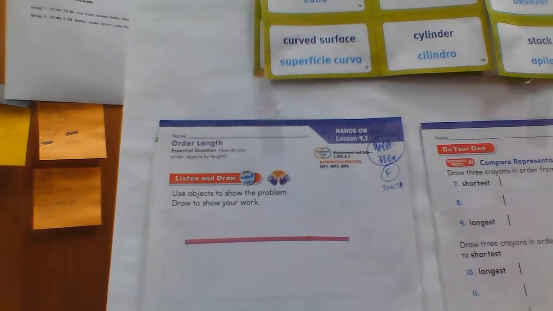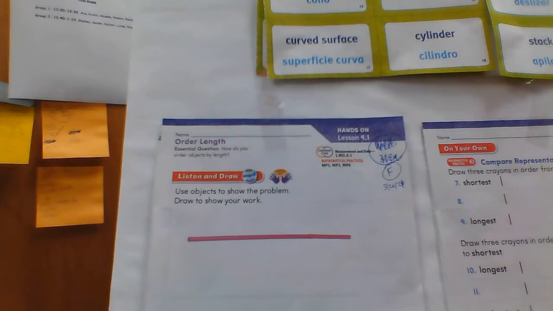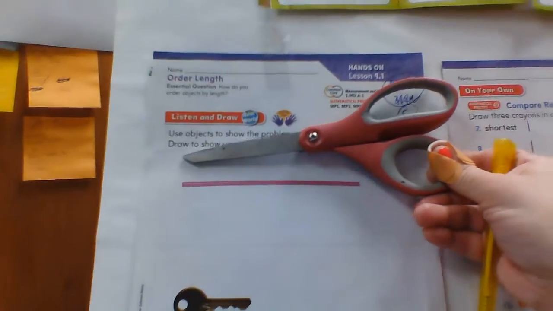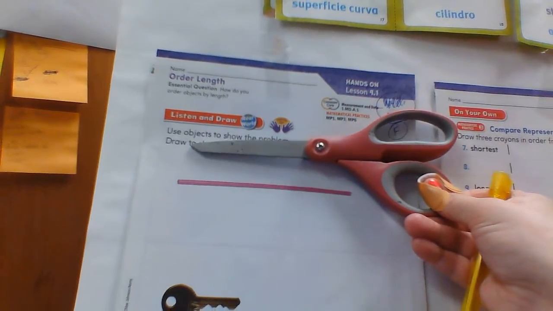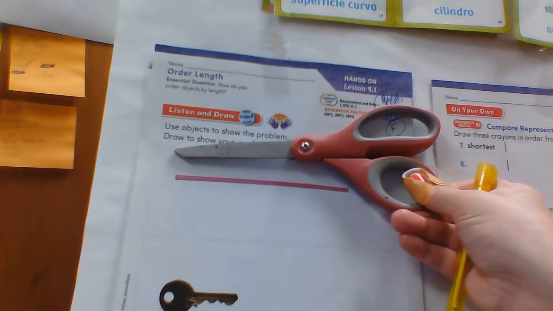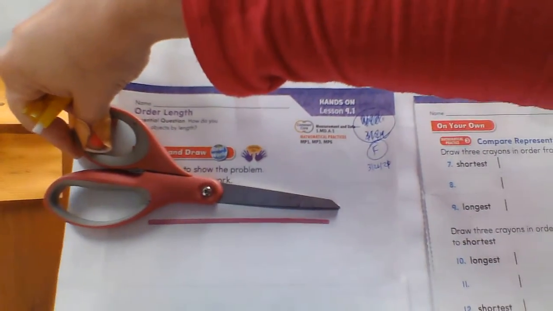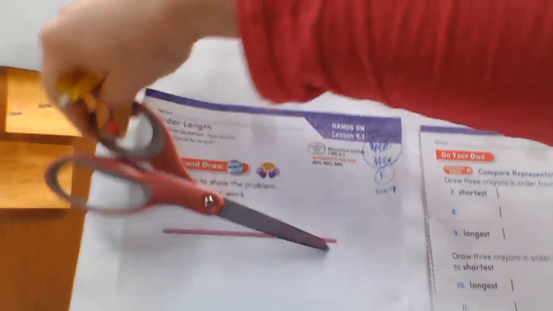Alrighty then. We're going to take a look around here and see if we can find an object that is longer than the drinking straw. Well, I see some scissors here, and if I sit the scissors up next to it, I can see that the scissors are longer. The handle of the scissors hangs over so you can see that the scissors are longer than the drinking straw.